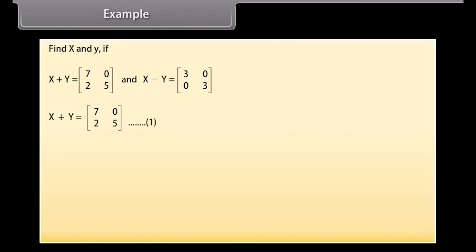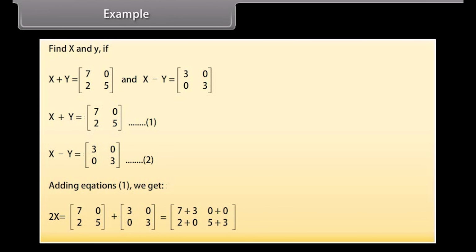Solution: given X plus Y and X minus Y, mark them as 1 and 2. Now add equations 1 and 2, we get 2X is equal to the matrix, row-wise: first row 10, 0; second row 2, 8. Therefore, X is equal to the matrix, row-wise: first row 5, 0; second row 1, 4.